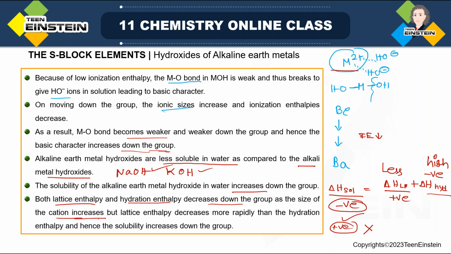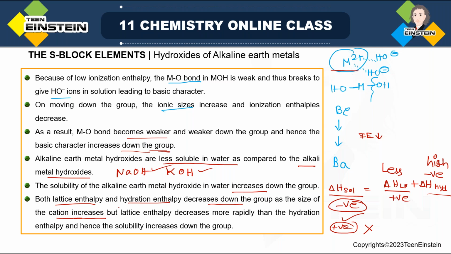When size is high, not just cation but anion also, lattice enthalpy is inversely related, so lattice enthalpy decreases down the group.